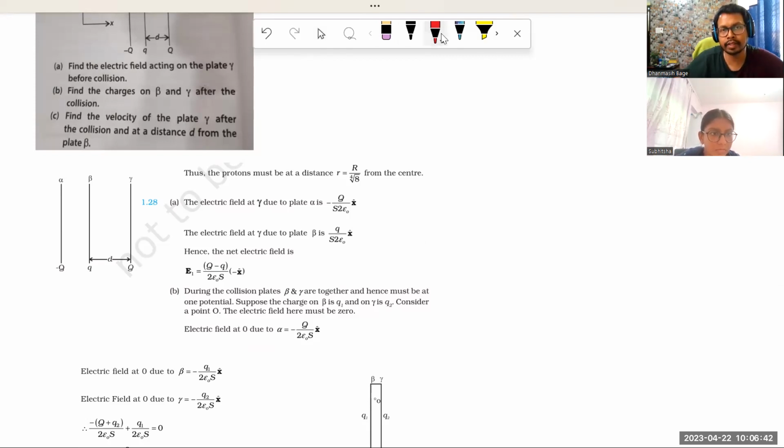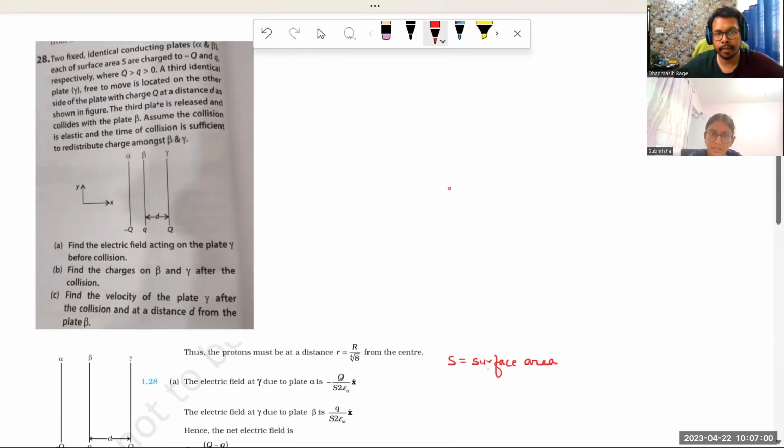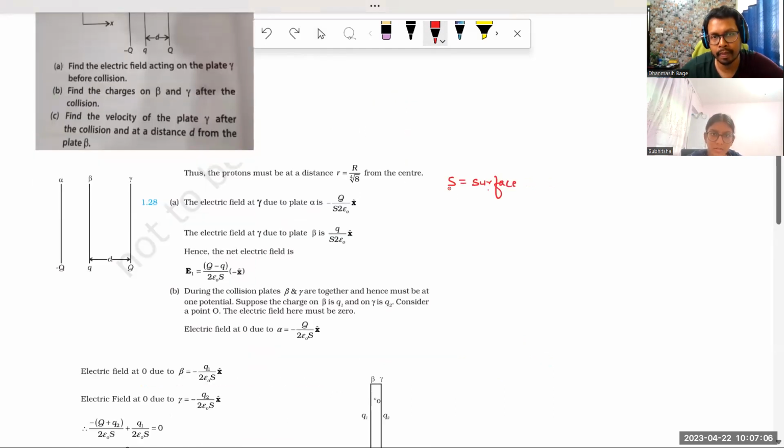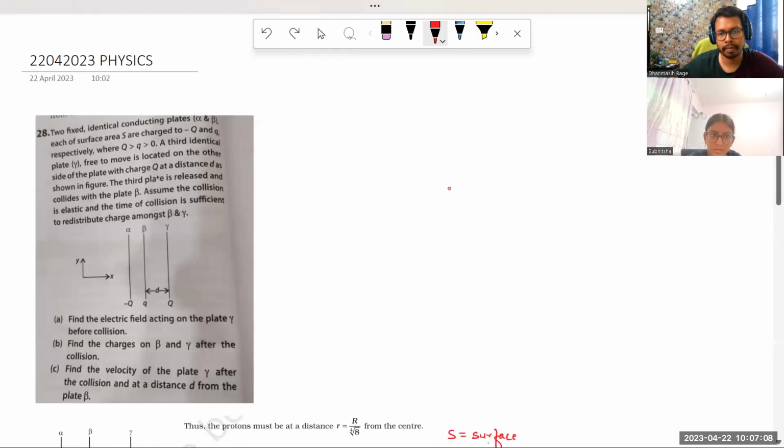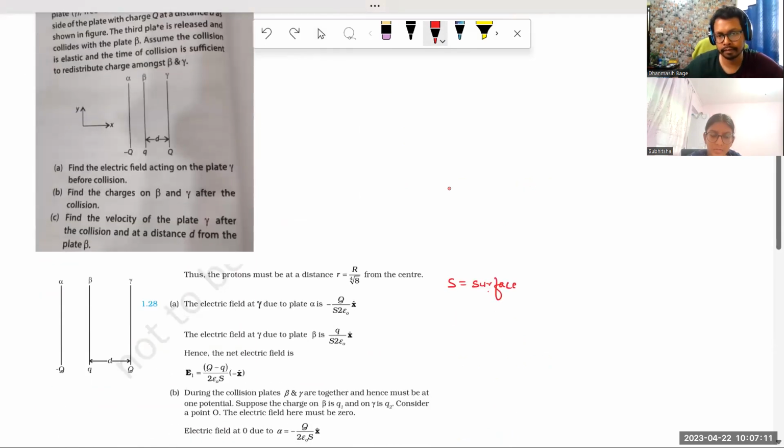Here, let me just tell you that they have used this S. S is the surface area. Yes, sir, but what formula have they used for this? Okay. Do you remember that thing, sheet and plate? I told you the difference between sheet and plate. This is surface area.